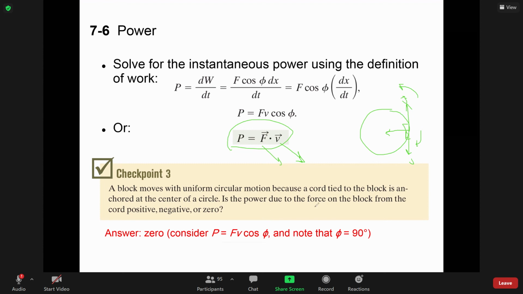The work done and the power done by a force in a uniform circular motion should be zero, because the direction of the centripetal force is always toward the center, and the direction of the velocity is always tangential, so it is always making 90 degrees. So the power done by a centripetal force is always equal to zero.